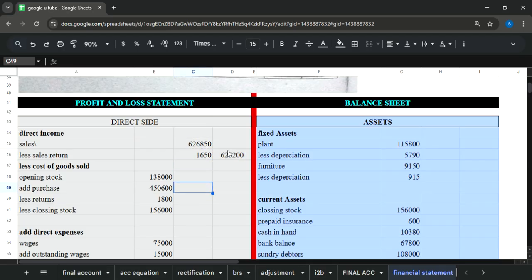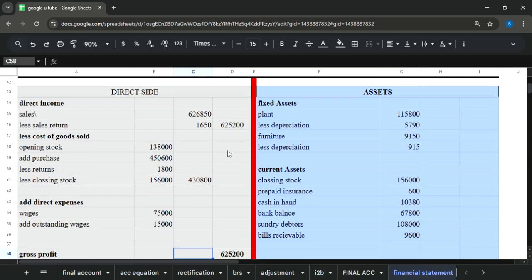On the other hand, we will calculate cost of goods sold. First part here, opening stock plus purchases. Then you will subtract this return and you will subtract closing stock. So we have got our cost of goods sold, first part. Since there was one element of direct expenses, outstandings were present, we have calculated.